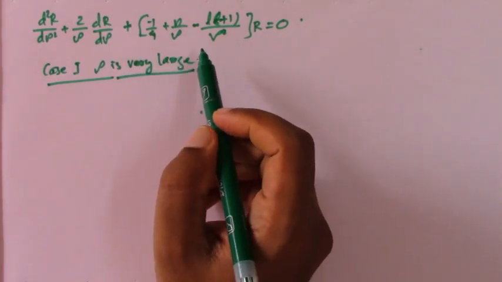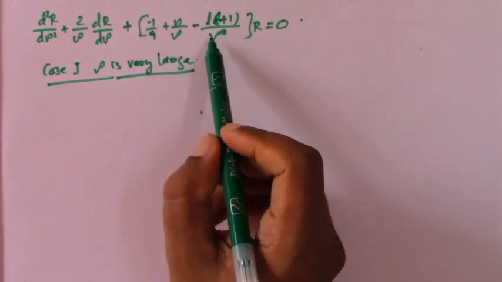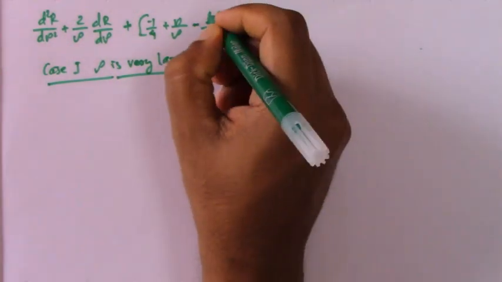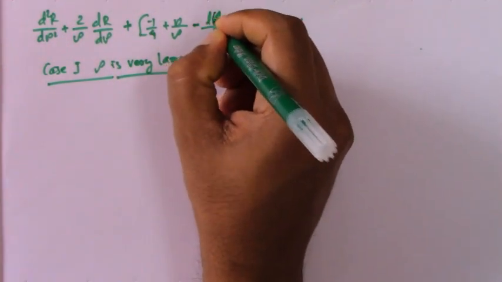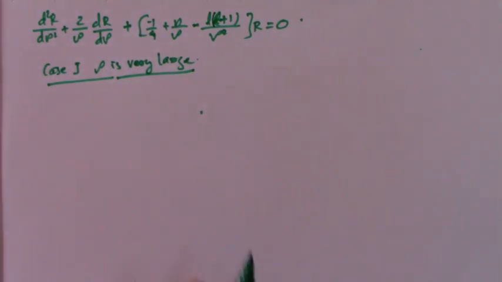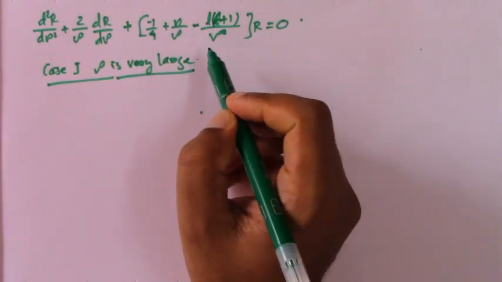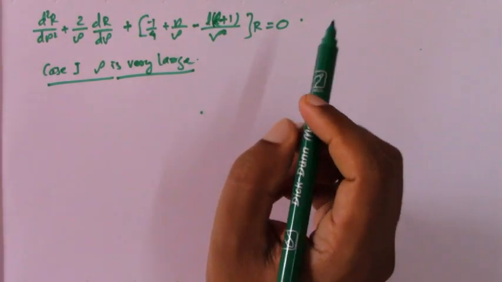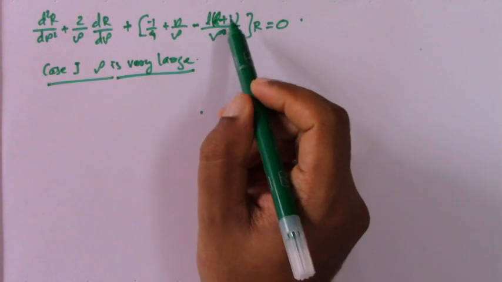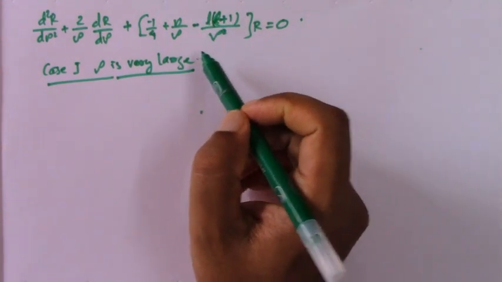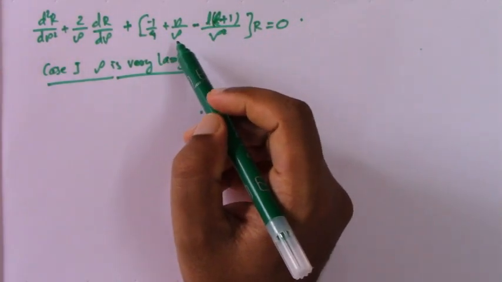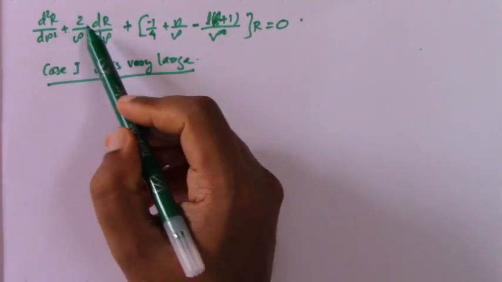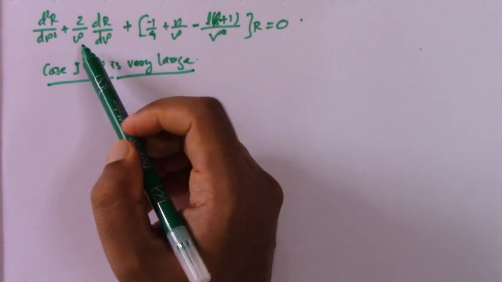You can see that this term, L into L plus 1 divided by rho square, has rho square in the denominator, and since rho is very large, this term will be very small. n by rho will also be very small because rho is in the denominator.